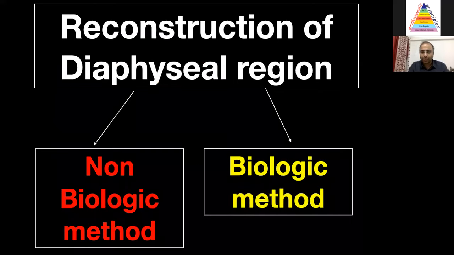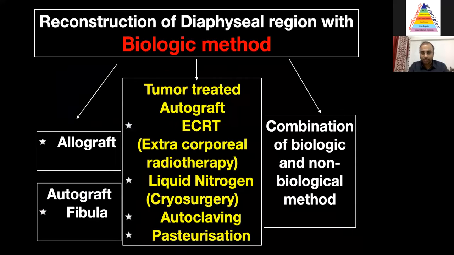For reconstruction of any diaphyseal region, we have two treatment options, one biologic and the second non-biologic. In the biologic method, we have allograft, the bone which can be used from a bone bank, or a fibula which can be vascularized or non-vascularized, that is autograft. We can use combinations, such as autograft prosthetic composite or allograft prosthetic composite.